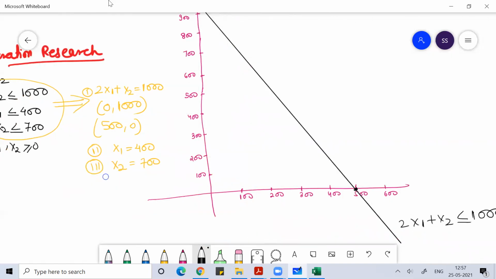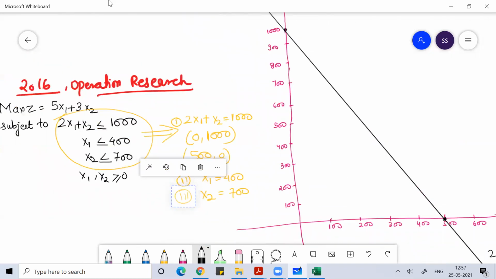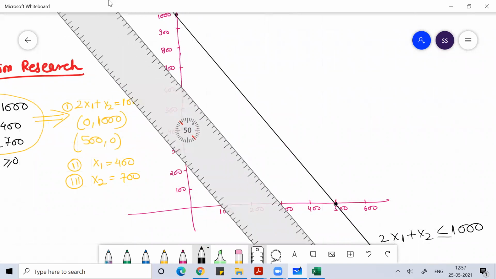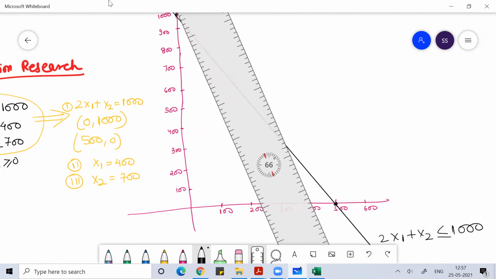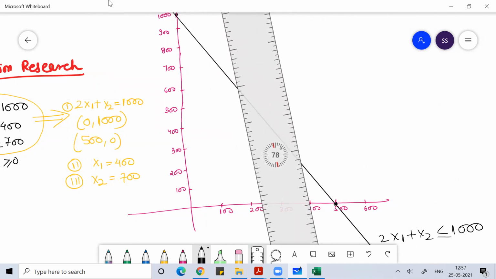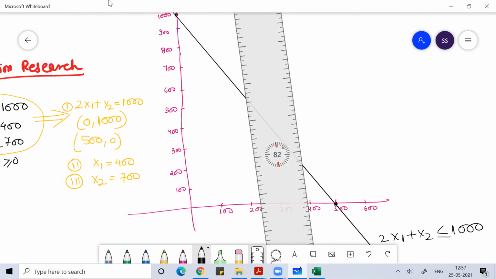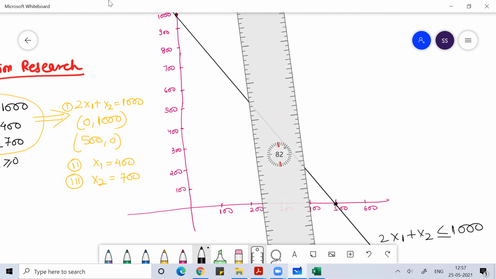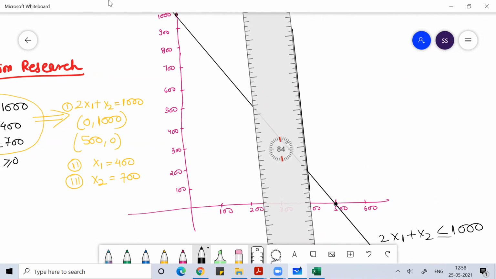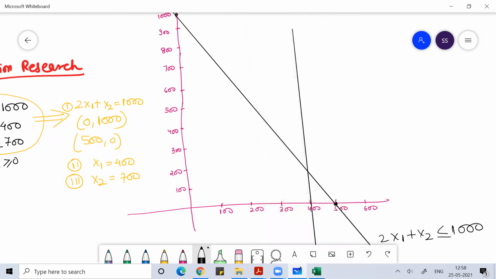Then the second one is x1 equal to 400. So I can draw a line on this.